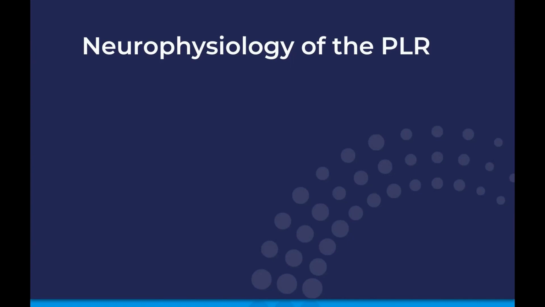Now, I want to talk to you a little bit about the neurophysiology of the pupillary light reflex to help you understand how pupillometry could be used in carbon monoxide diagnosis.